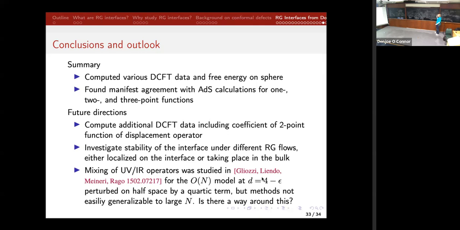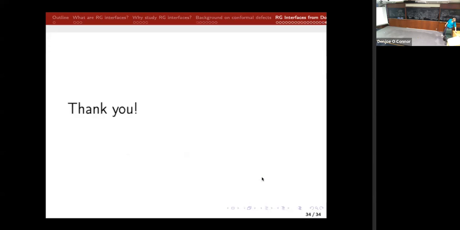So essentially they get a truncation in the expansions that they're looking at in terms of epsilon, but we wouldn't be able to get the same thing at large N. I haven't described it very precisely, I'm sorry about that. But it would be interesting if we could figure out how to understand the mixing at large N. So with that, thank you very much for your time and attention.